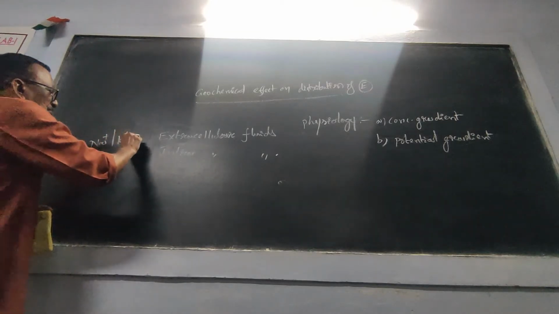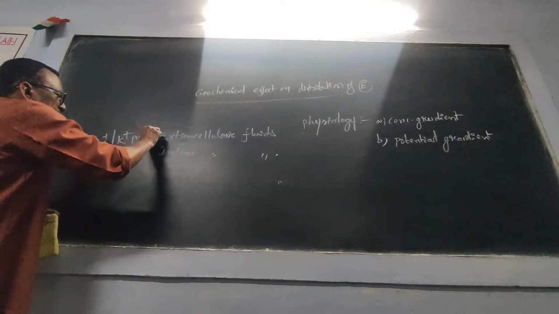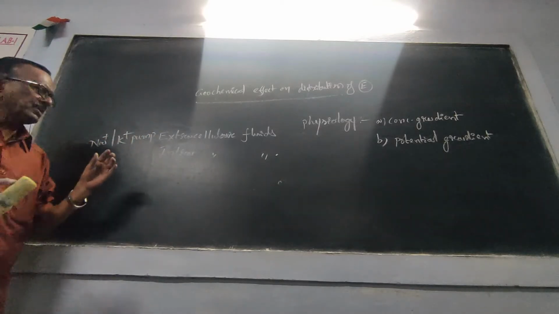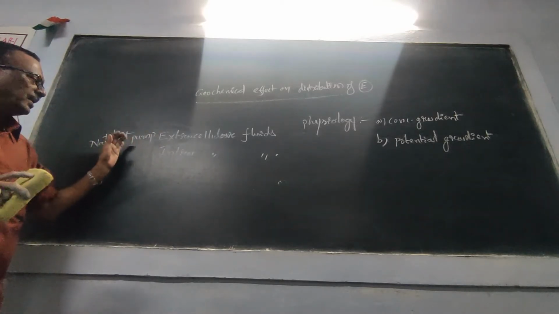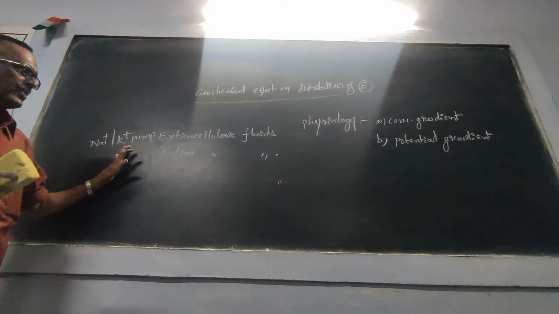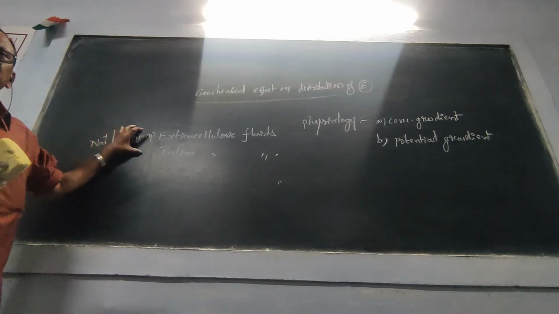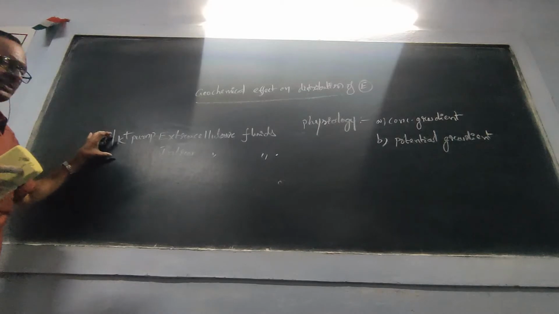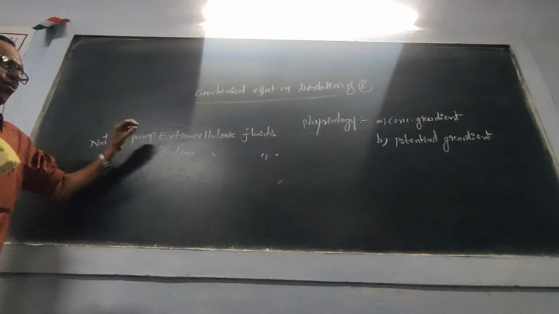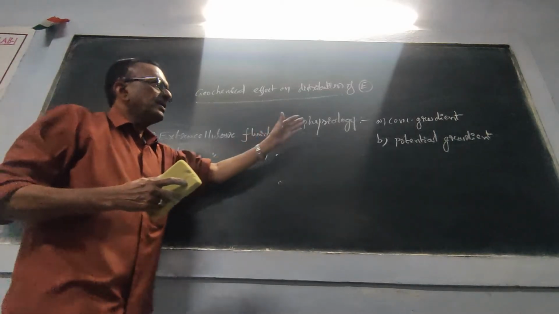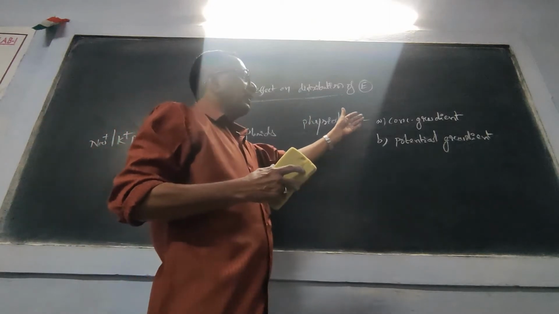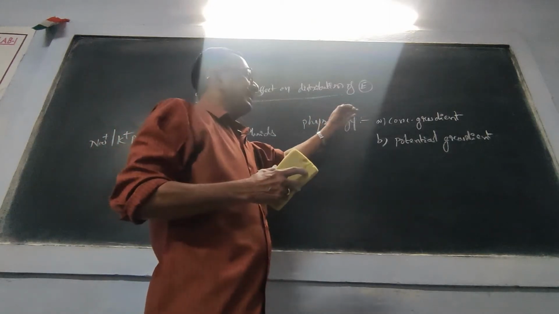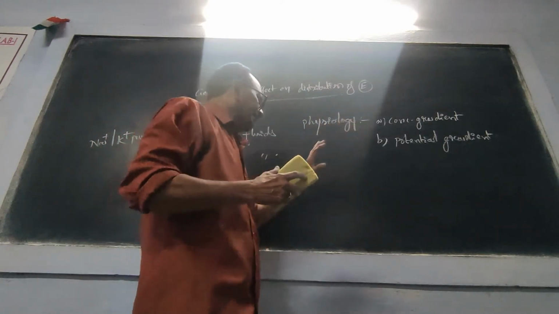Sodium potassium pump is a very important topic for either an essay or short answer. So for understanding the mechanism of this sodium potassium pump, one must have these terms in mind. One is a concentration gradient and another one is a potential gradient.